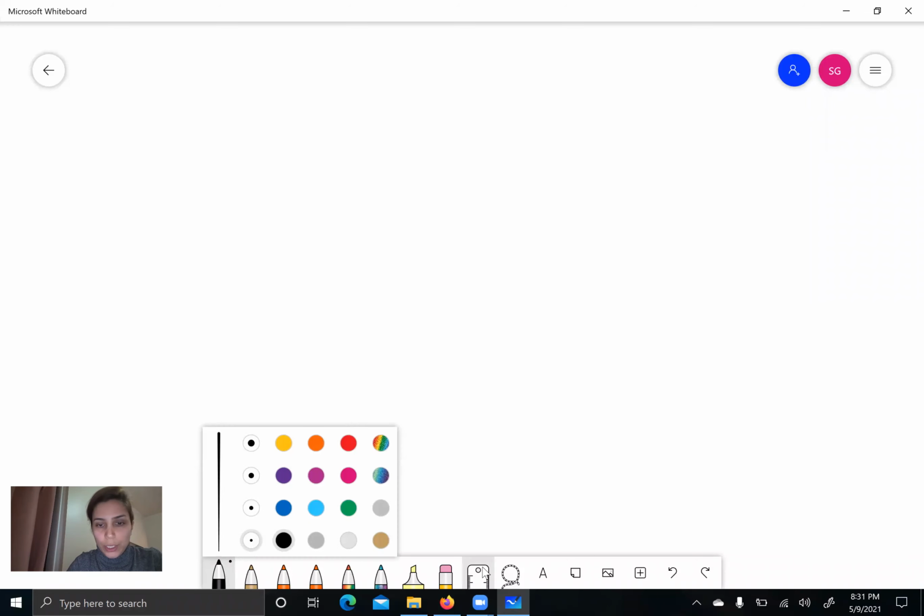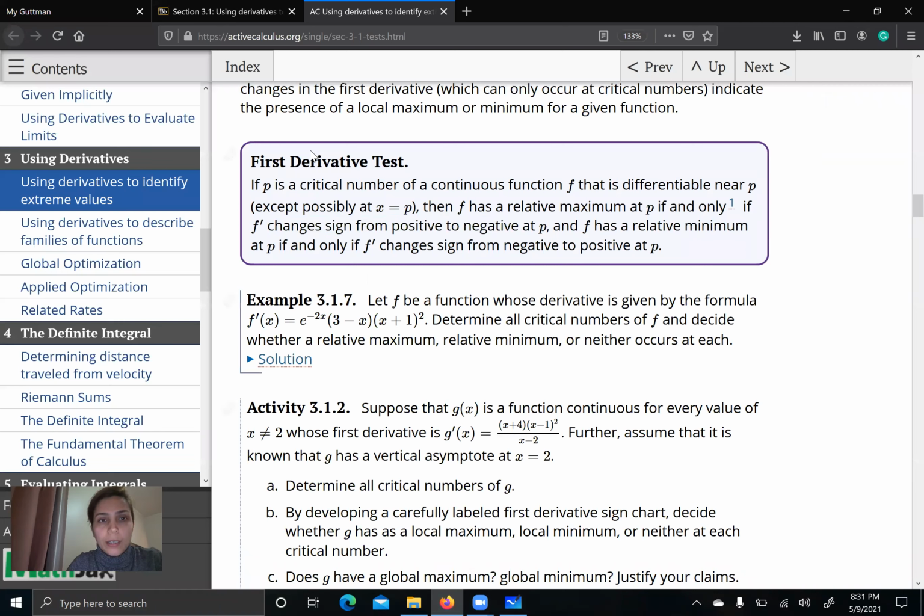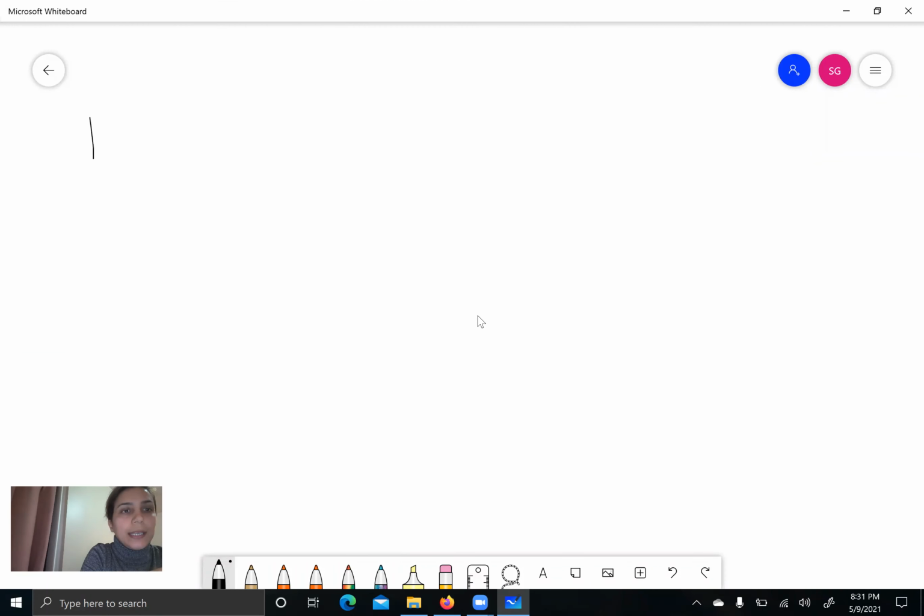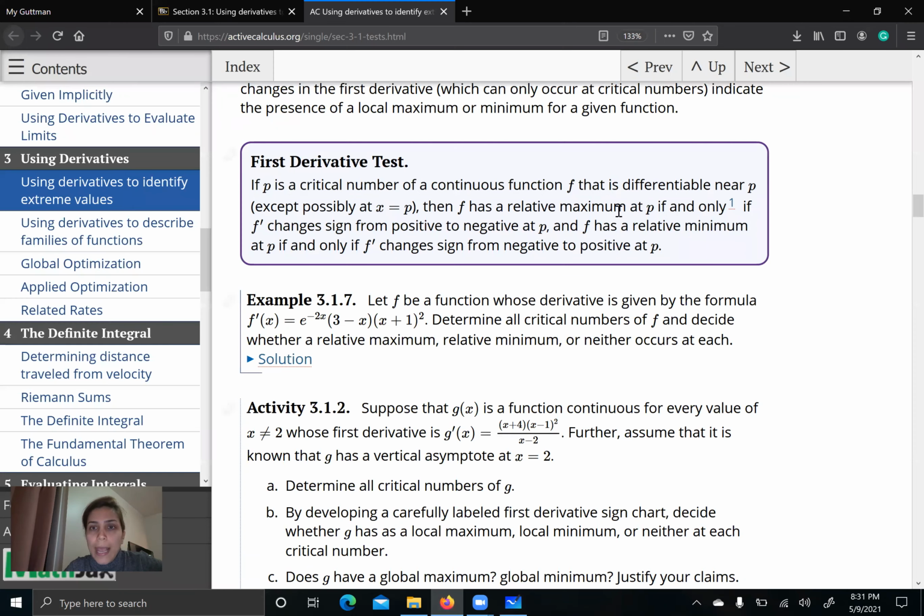Here is the situation. We are describing the first derivative test. Suppose P is a critical point for function f. So we know that x equals P is a critical point for f, right? And then f has a relative maximum if f prime changes sign from positive to negative.